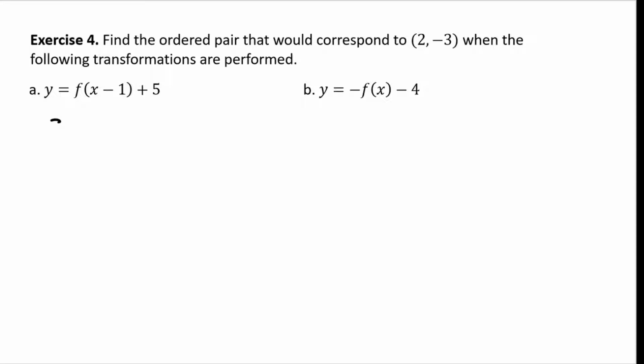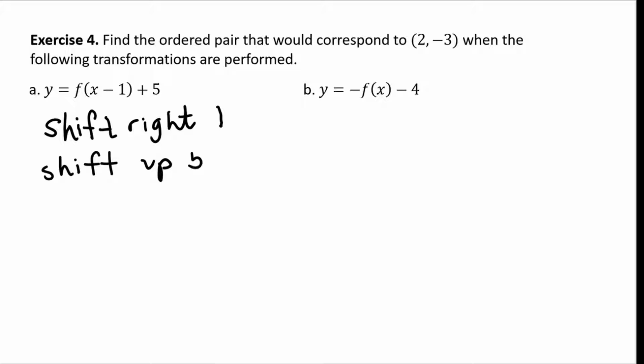The minus 1 means that we shift to the right 1, and plus 5 means we shift up 5.